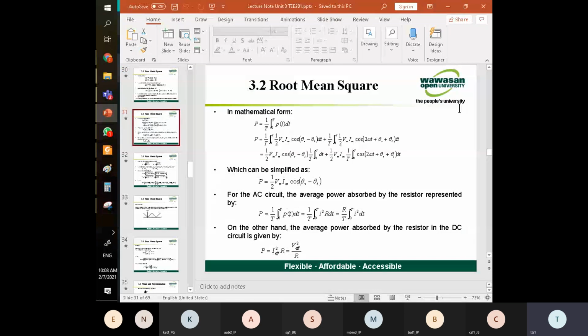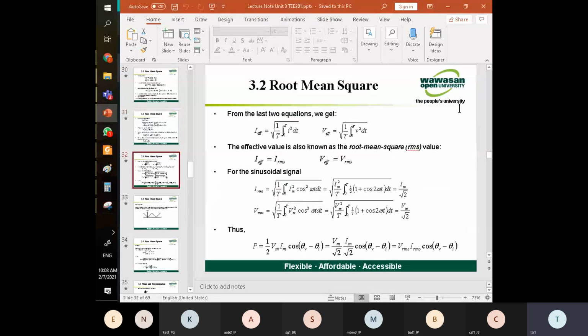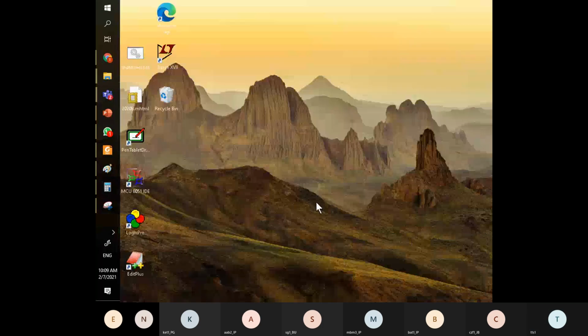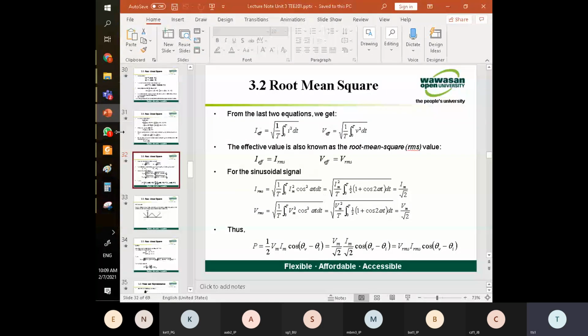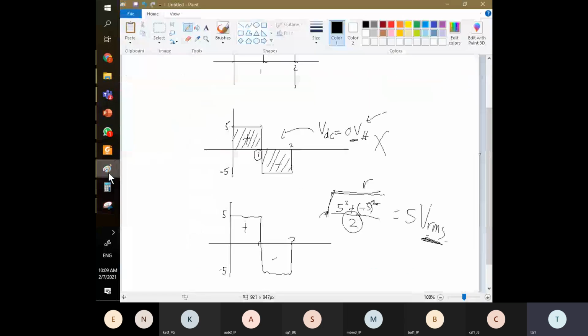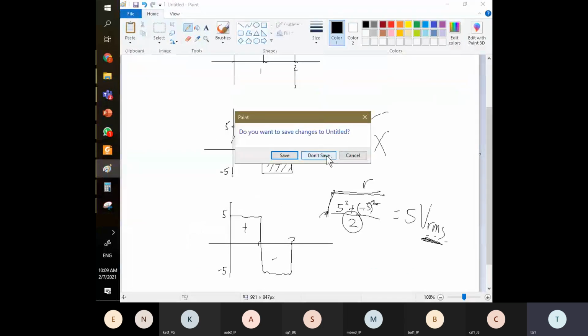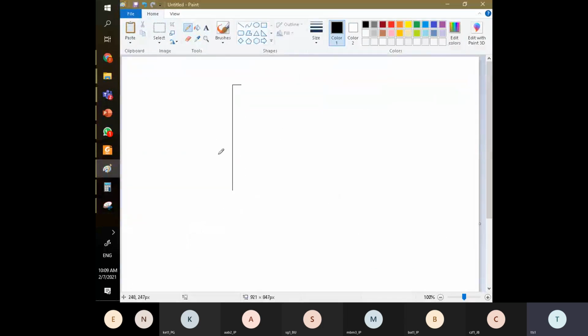And for root mean square, when you are solving all this by theory, you'll come up with this square root of 2. The VRMS and the V is square root of 2. In short, let me do a better one.